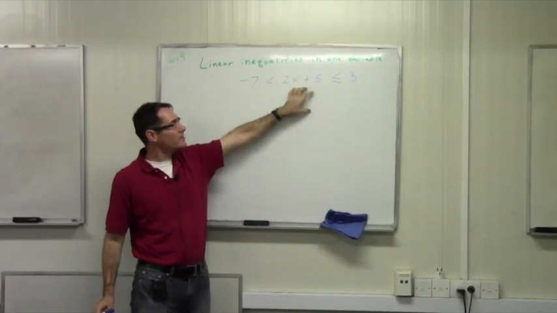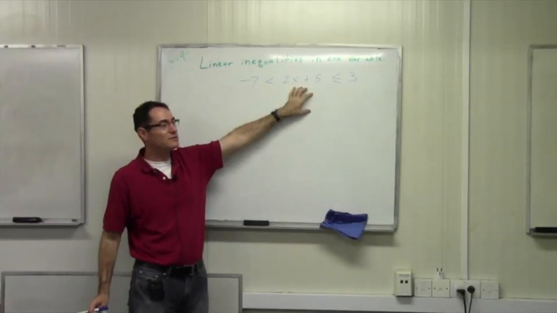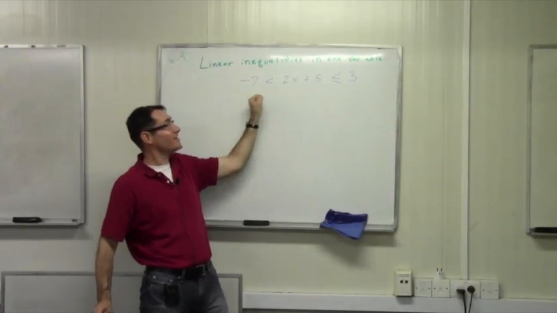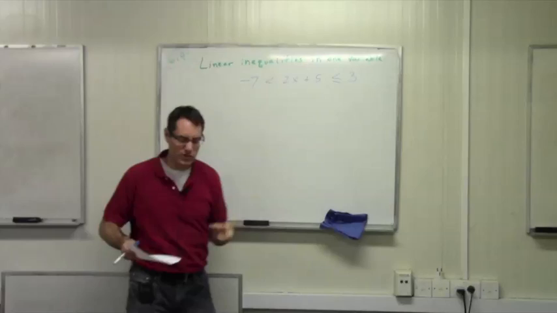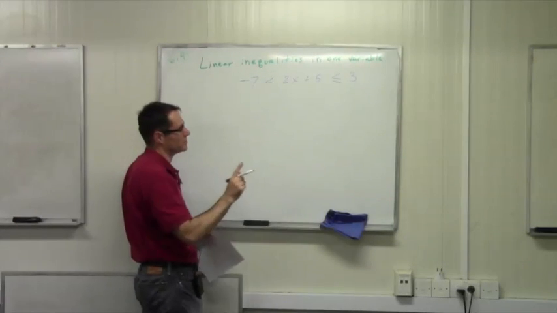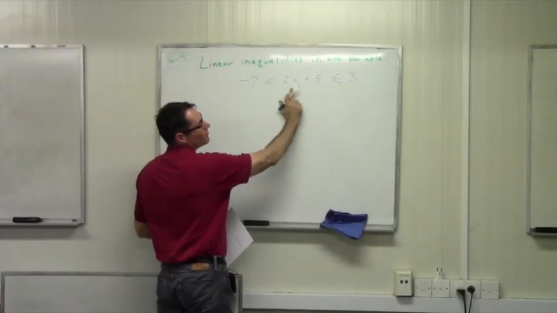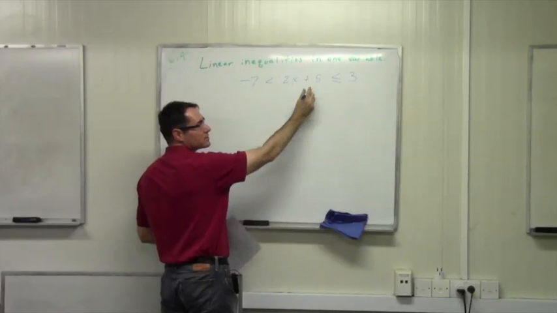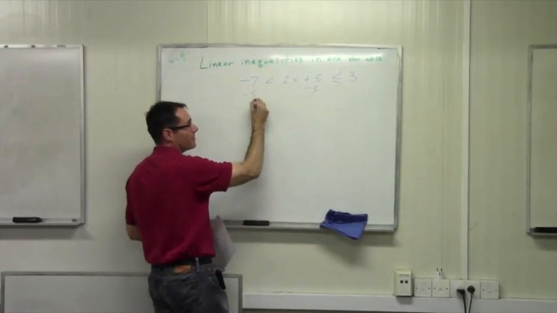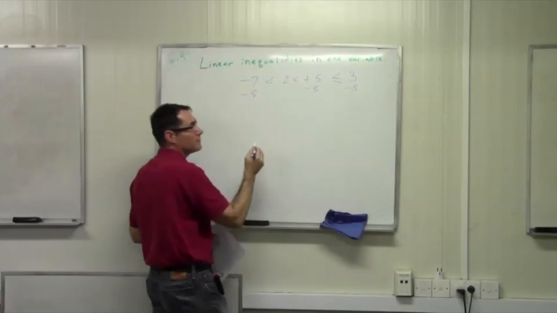So just try to get rid of the stuff in here by doing whatever you did here to both the left and the right. So it's like a little extra step. Not much harder, just a little extra step. So if I want to move the 5 out of here, what do I do? Subtract 5. I'm going to subtract 5 from here and from here. Okay?